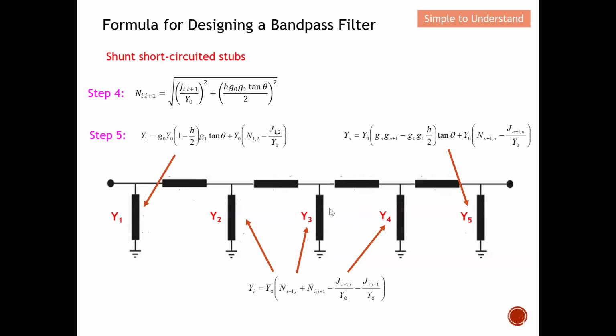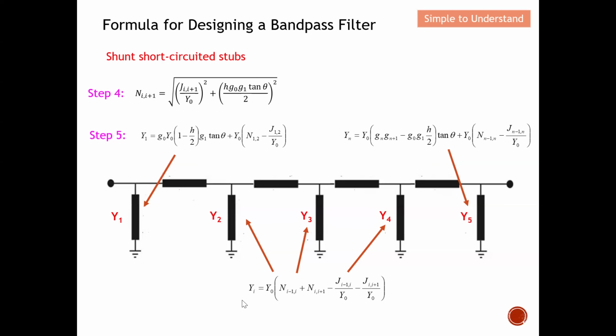So basically, in short, Y12 will be equal to Y45, Y23 will be equal to Y34, Y1 will be equal to Y5, Y2 will be equal to Y4, and then we have this Y3 here. Once you have all this, these are all the calculations on the shunt short circuit stub.